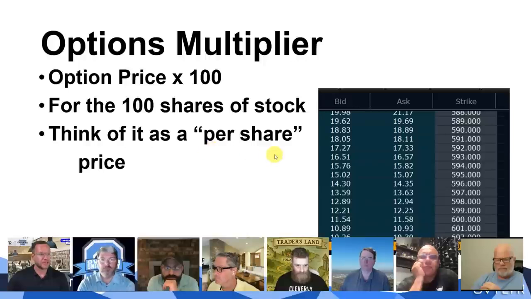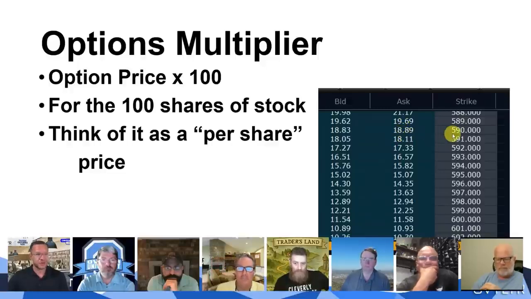And I think of it as a per share cost. So looking at this, I could spend $18 per share and control 100 shares of stock at the 590 strike. Now, I don't know if that made sense conceptualizing it, but this is where I like to say you can actually trade at a 90% discount on every stock you buy.